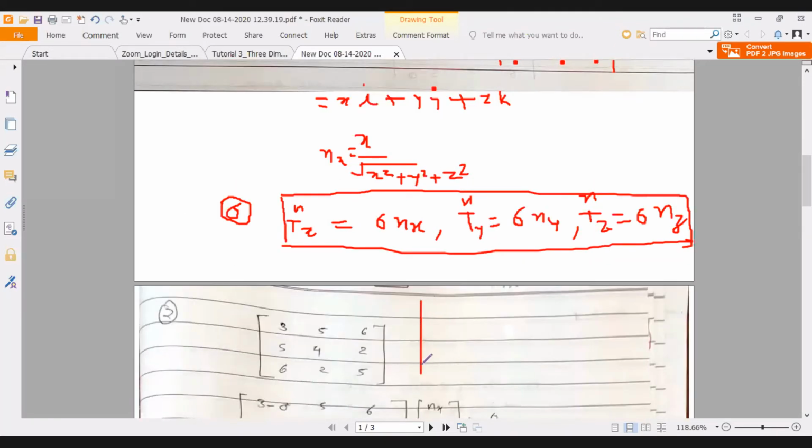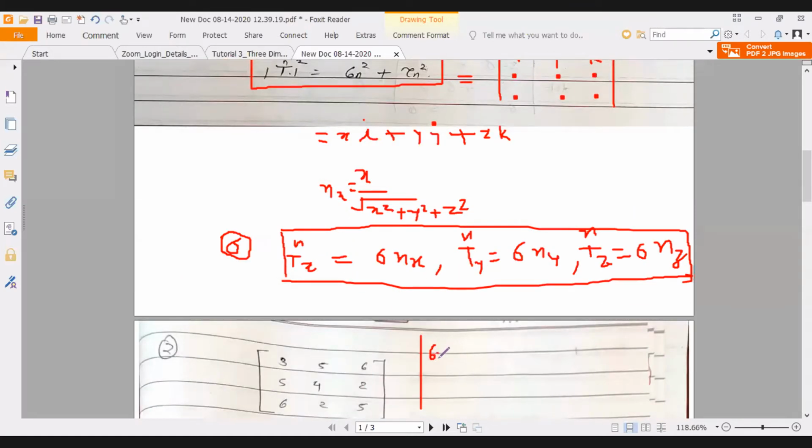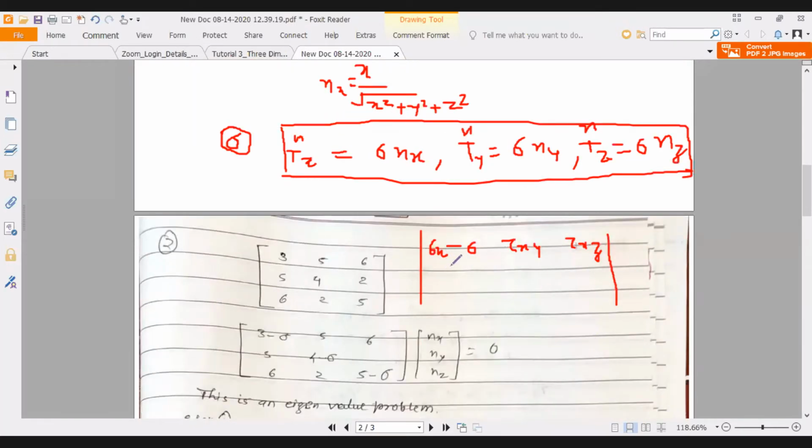I am writing one row: sigma x minus sigma, tau xy, tau xz. Similarly here, tau xy, sigma y minus sigma, tau yz.